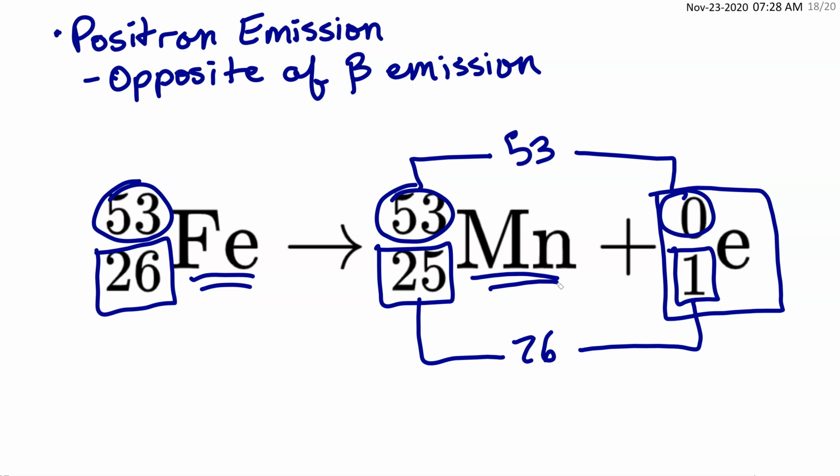In this case, we're going from iron to manganese. So, in positron emission, a proton becomes a neutron. And since we're talking about something with a mass of 1 turning into something with a mass of 1, there's no change overall in the mass.